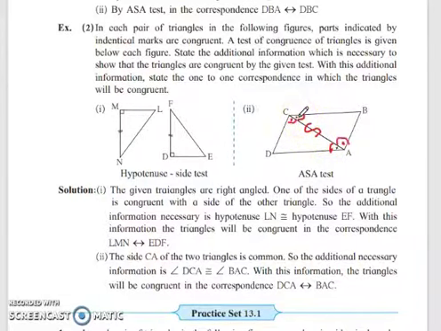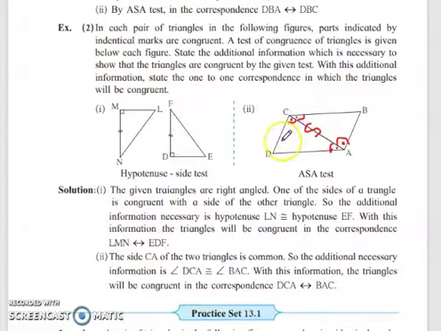So this triangle DCA is congruent to this triangle BAC by the ASA test, such that this angle BCA is congruent to this angle DAC, and this side, that is CA, is common to this side, that is CA. It is a congruent side, congruent to itself.